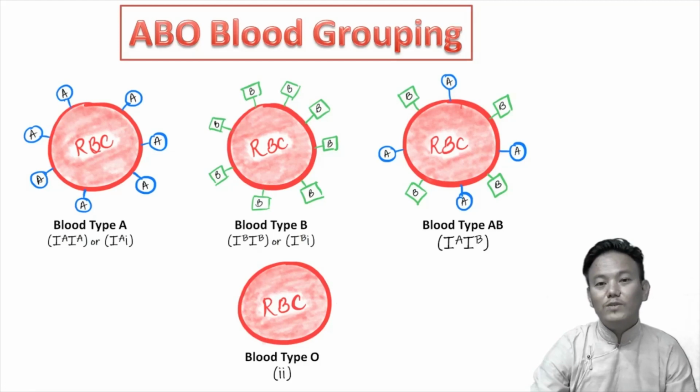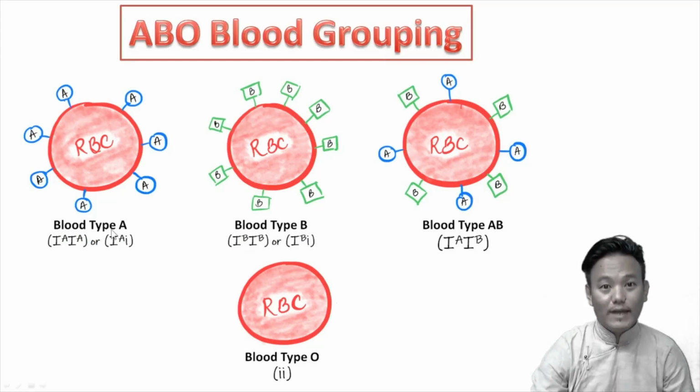Another way to clarify this concept: let's say my blood group is A. What could be my genotype? There are two possibilities. Either my genotype could be homozygous IAIA, or it could be heterozygous IA with a small i. So there are two possibilities for a person with blood group A, and the same goes for blood group B as well.